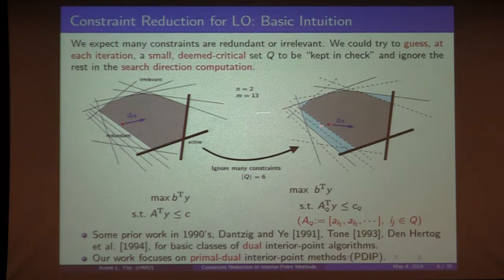The direction will be different because the system we are solving will be different. It could well be better than that direction actually. But in any case, the cost of solving the linear system will be smaller.